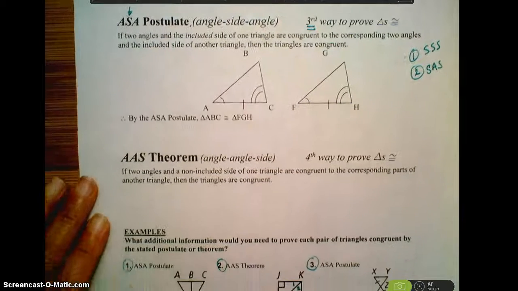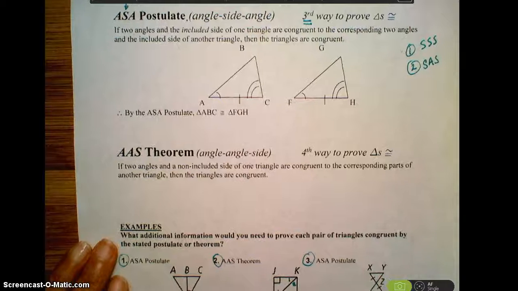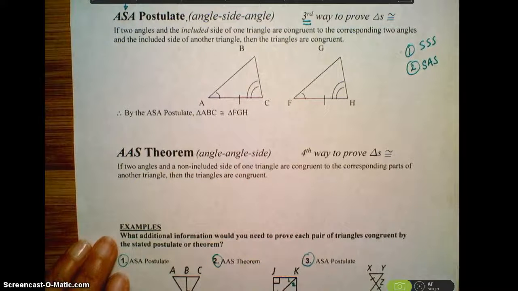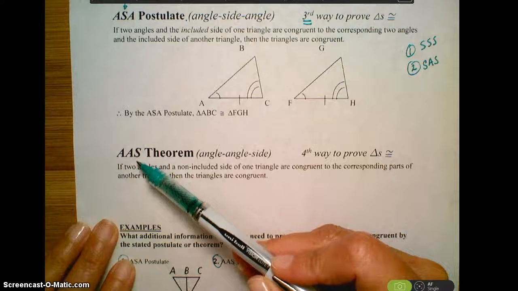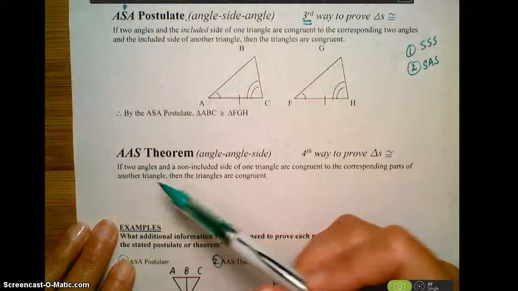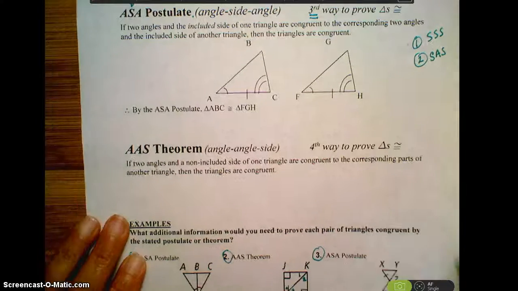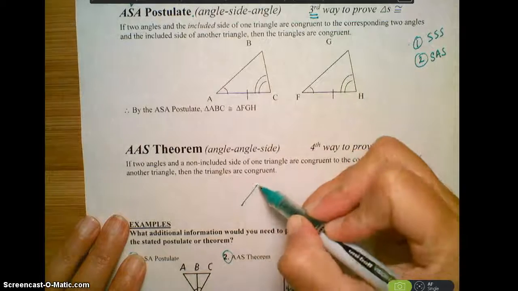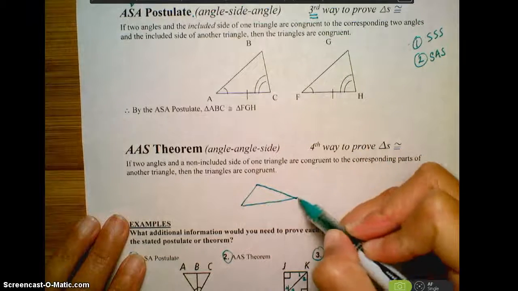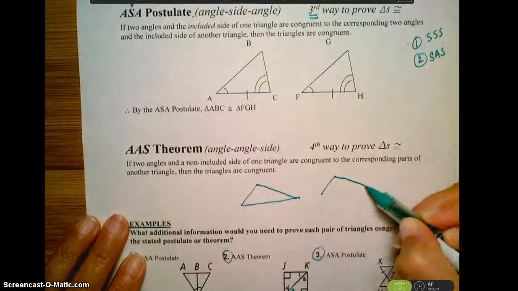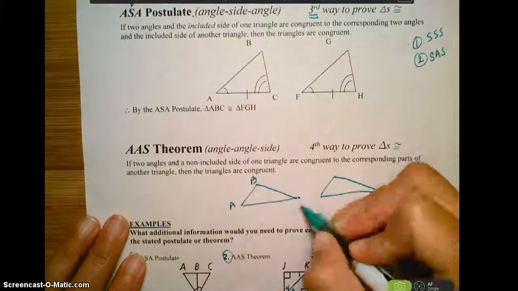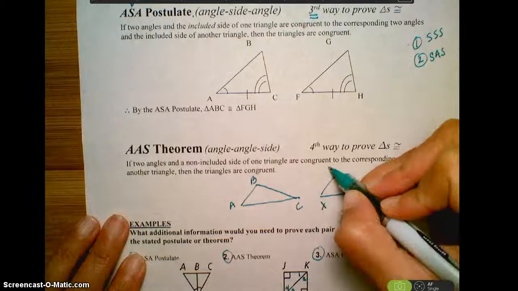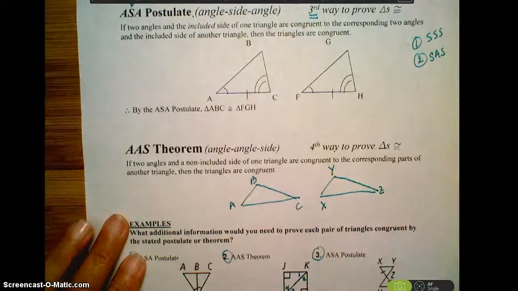Okay, the fourth way to prove triangles congruent is called angle, angle, side. Notice the side is not between the two angles. So in a picture, if we had two triangles, and let's go ahead and call these A, B, C, and X, Y, Z. Very creative names I have here.